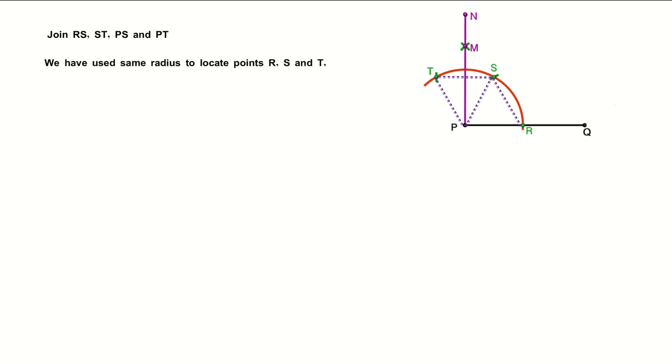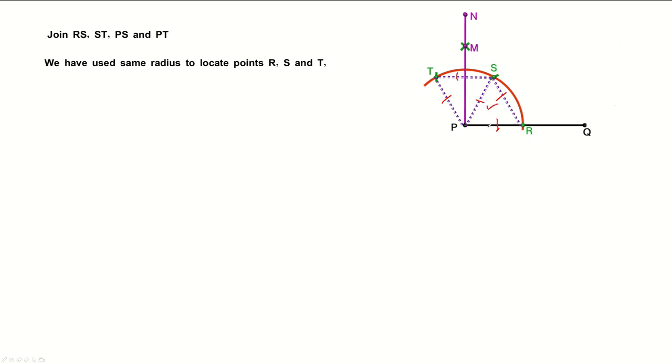Here we have used the same radius to locate points R, S and T. So all these sides PR, RS, PS, PT and ST are all equal to one another.